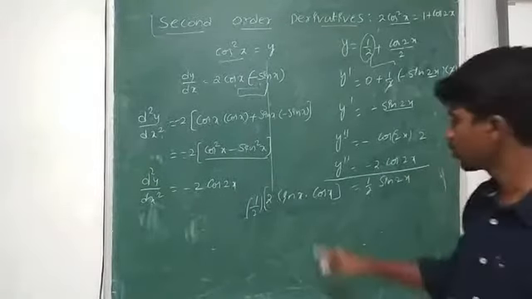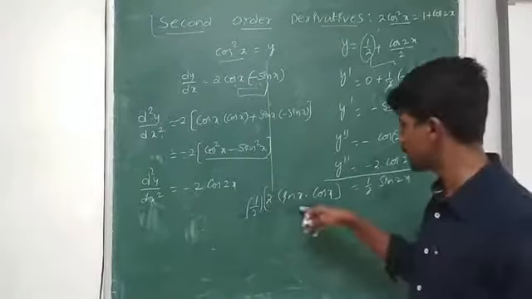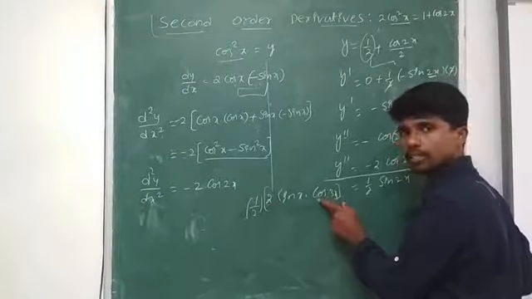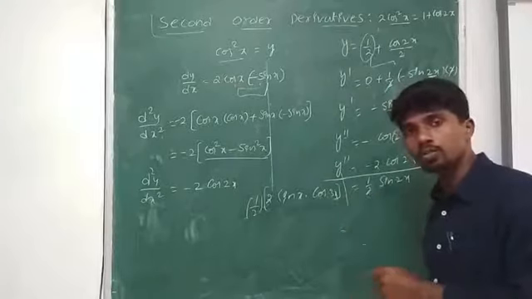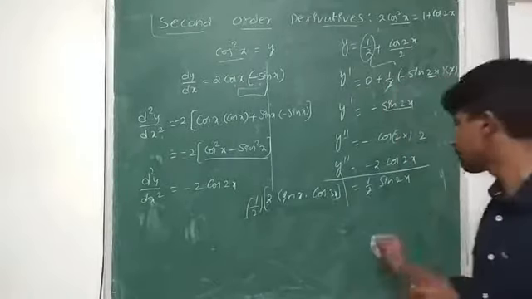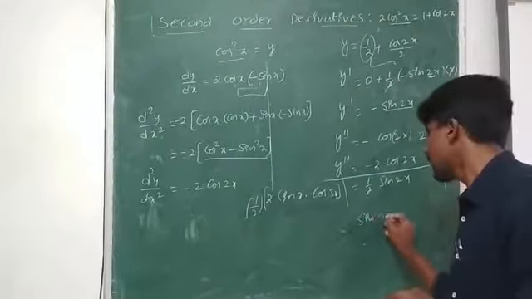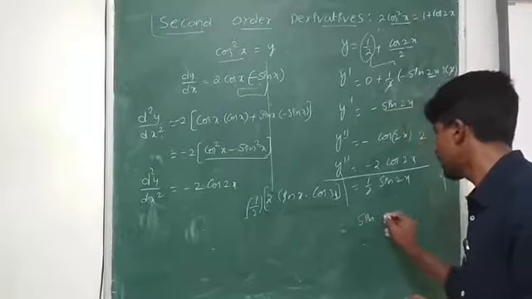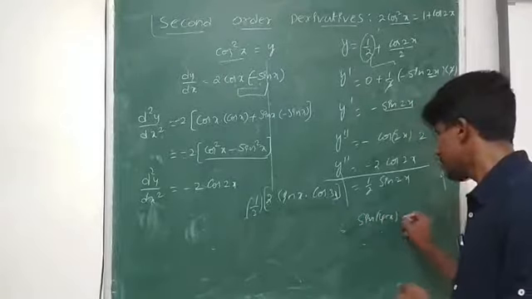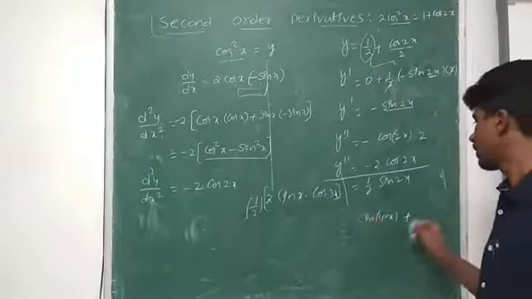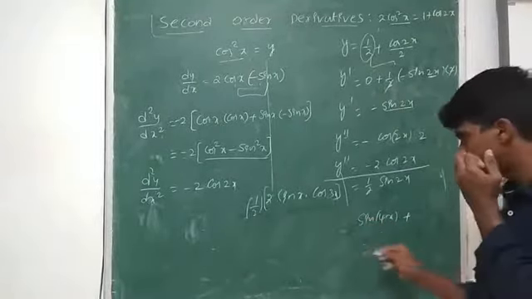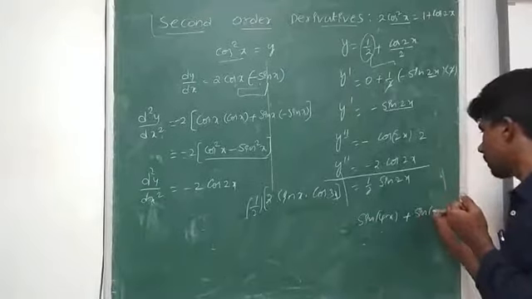Suppose it is not sin x cos x but cos 3x; then 2 sin x cos y, which formula can we use? Sin of x plus y plus sin of x minus y. So sin 4x plus sin of x minus 3x, which is sin minus 2x.